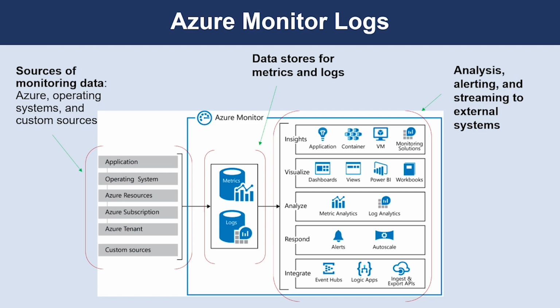At the center of the diagram are the data stores for metrics and logs. On the right are the functions that Azure Monitor performs with this collected data, such as analysis, alerting, and streaming to external systems. Azure Monitor collects data automatically from a range of components. These components include application data, operating system data, Azure resource data, Azure subscription data, Azure tenant data, etc.